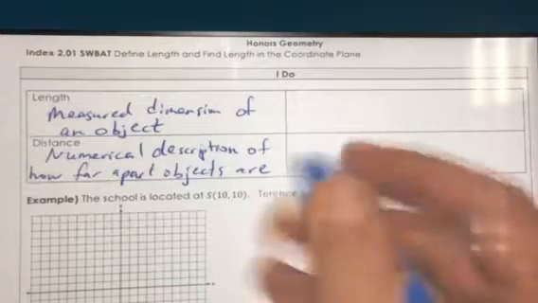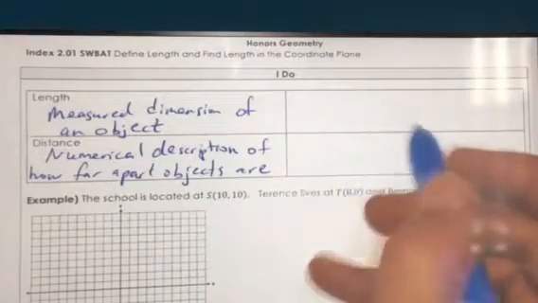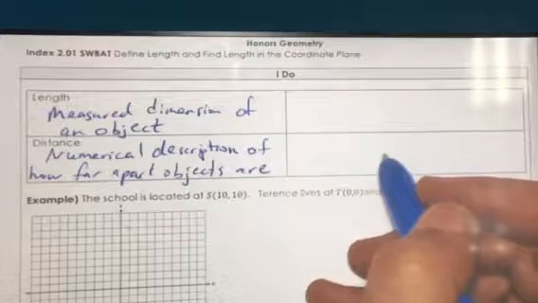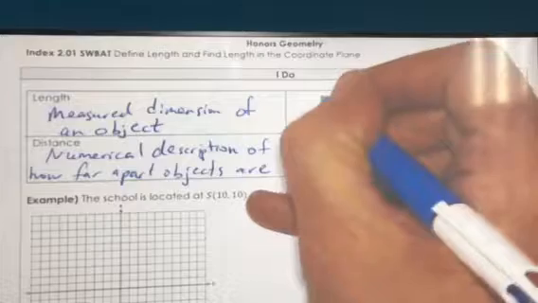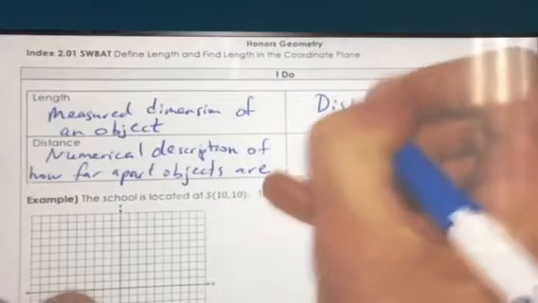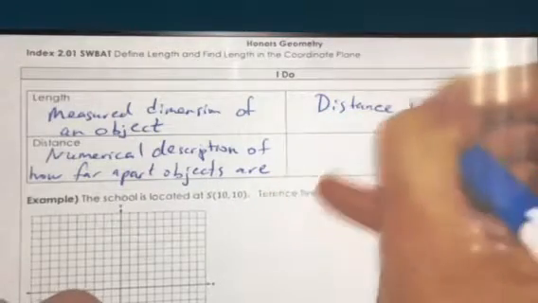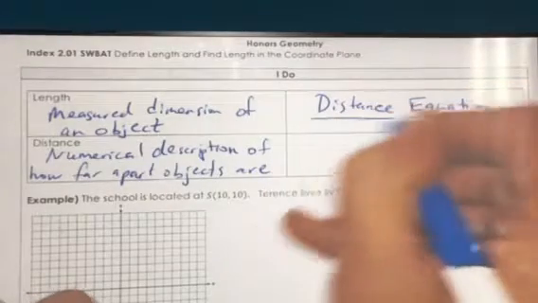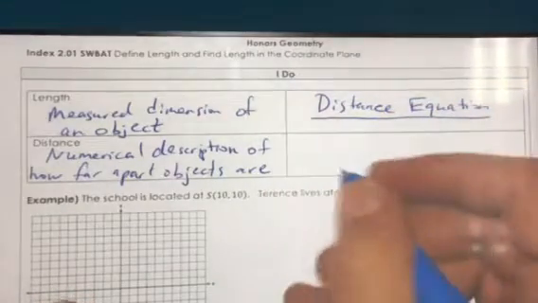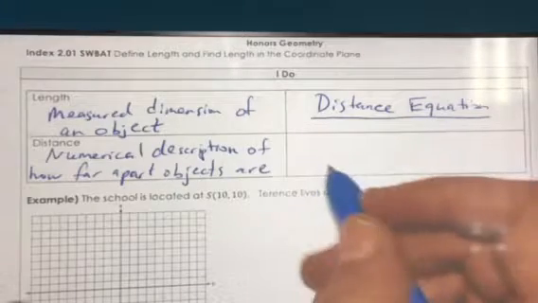Now we have one more thing. I'm going to put something that looks confusing here, but it's something that we need. So the equation for distance, and you're not going to like this thing, but I will show you another way to do it that I think you will like more.